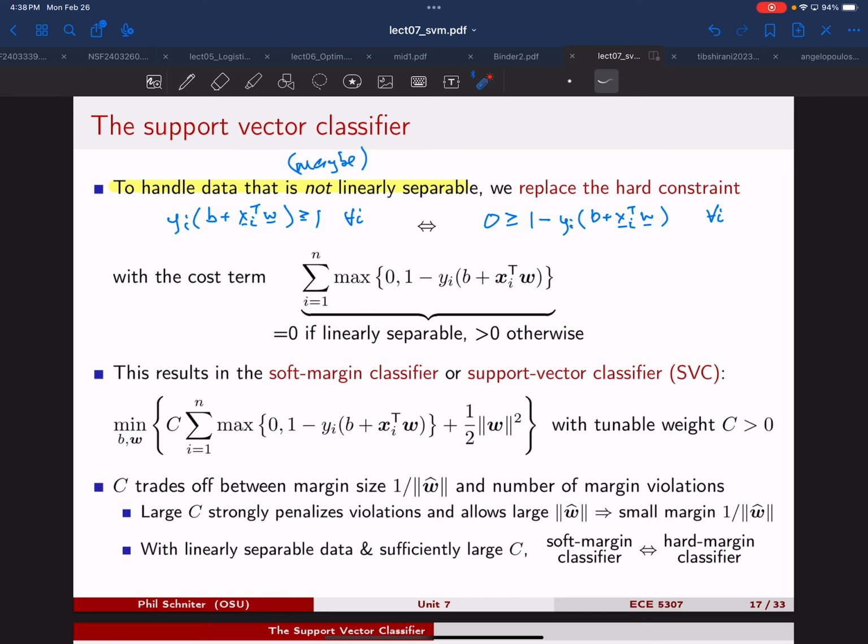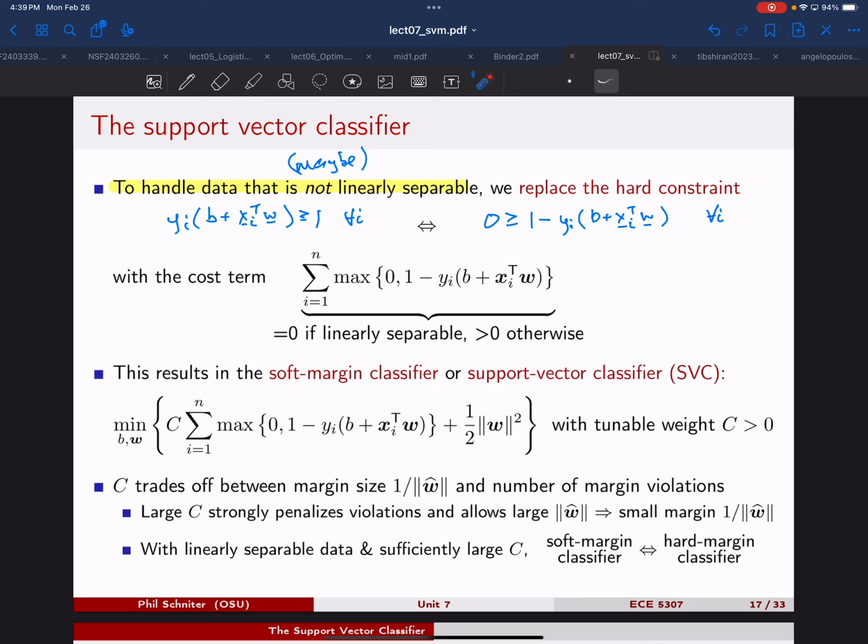So notice that, okay, if we really do have linearly separable data, that means this term is 0 or less for all i, in which case, if this is 0 or less for all i, the max of that and 0 will be 0, and you'll sum up zeros, and you will actually get this equal to 0 if the data is linearly separable.